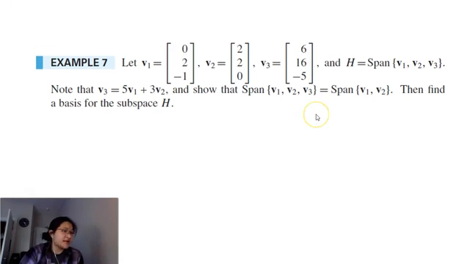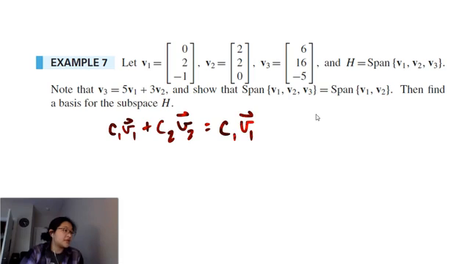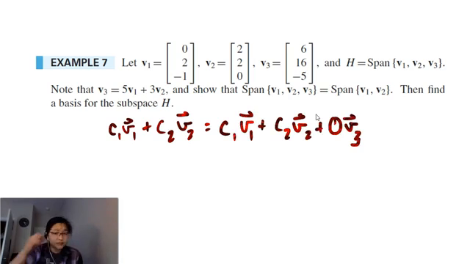So we know that every vector in our span of V1 and V2 is going to be in H, because we can just say that we have some constant 1 times V1 plus constant 2 times V2, and that's going to equal some constant 1 times V1 plus constant 2 times V2 plus 0 times V3.